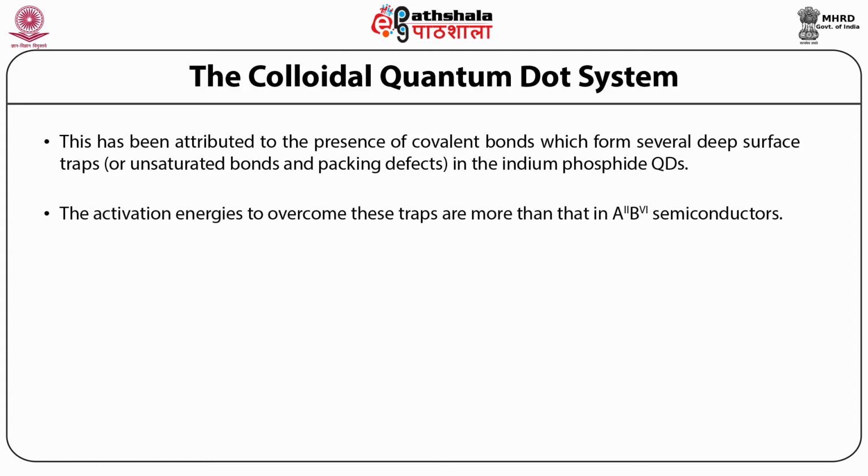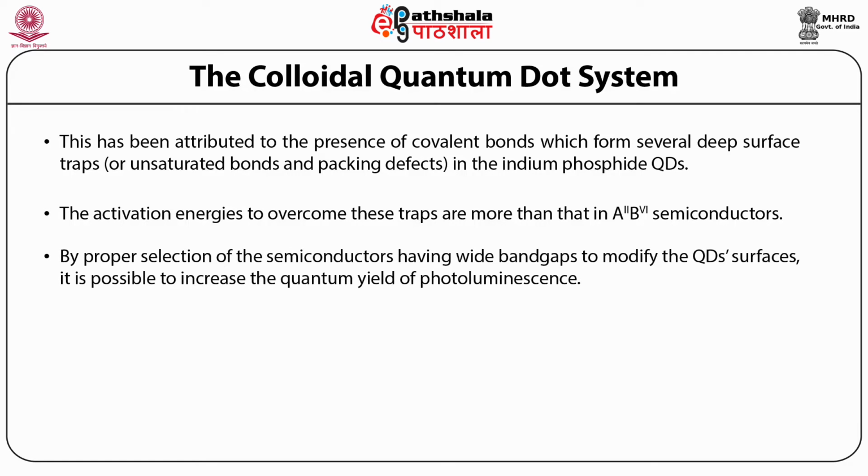The activation energies to overcome these traps are more than that in A2B6 semiconductors. By proper selection of semiconductors having wide band gap to modify the quantum dot surface, it is possible to increase the quantum yield of photoluminescence.